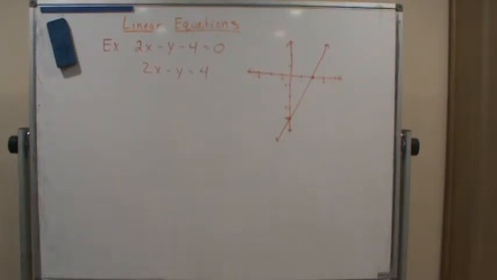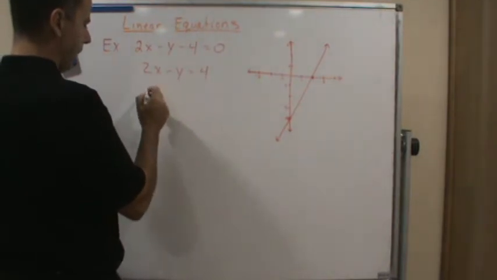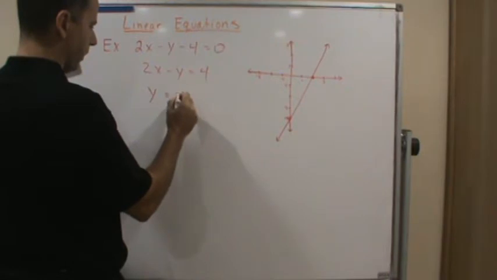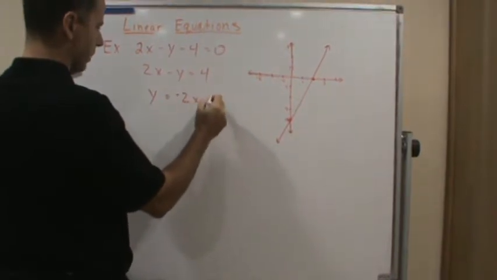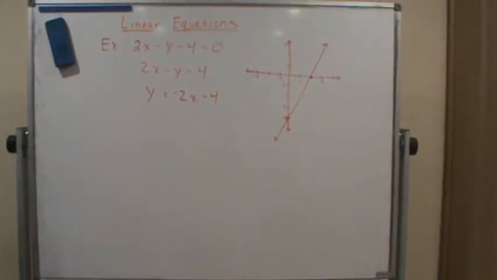To graph this, we can write it in this form. We can isolate the y and write it as y equals negative 2x minus 4, if we just solve for y.